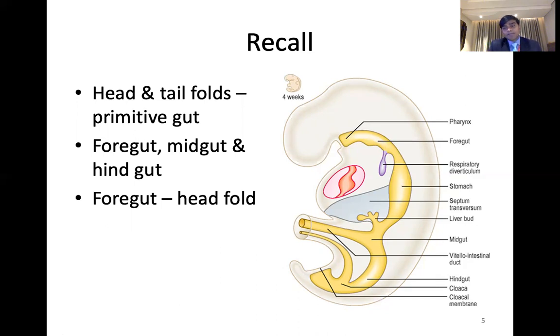Caudally, this is also part of the foregut, and from here the stomach will develop. At the junction between this pharyngeal gut and the stomach, there will be the development of the respiratory diverticulum.